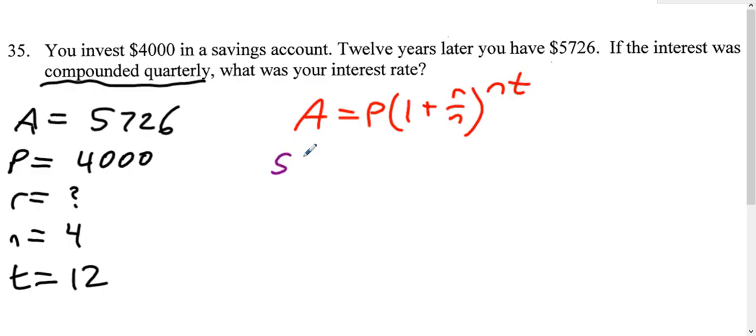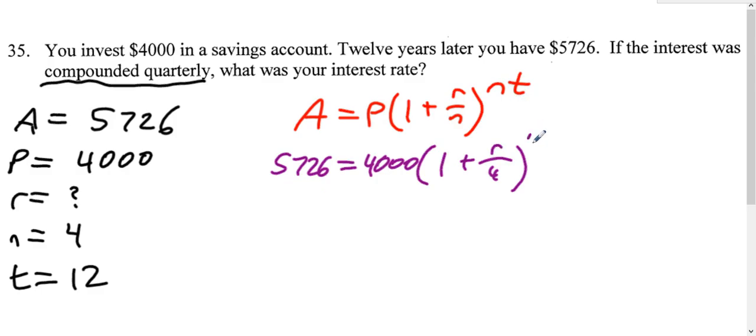Plug in everything that you know. We don't know r, so leave it as r. N is 4. 4 times 12 for the exponent is 48. So when you're solving, you first need to get the parentheses by themselves.